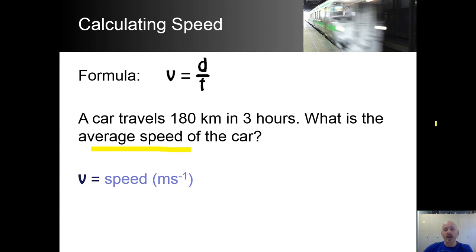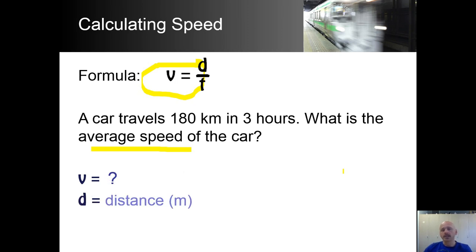Whenever you're asked for average speed, this is the formula you can use. So v is our question mark. We don't know what it is. d is the distance. We take a look at our question, and the distance is 180 kilometers. Next one is time, and you can see from the question time is 3 hours.